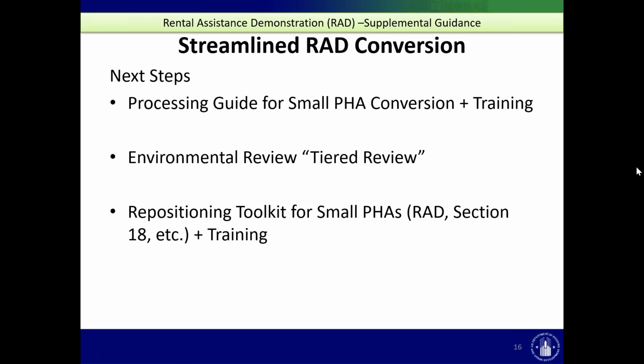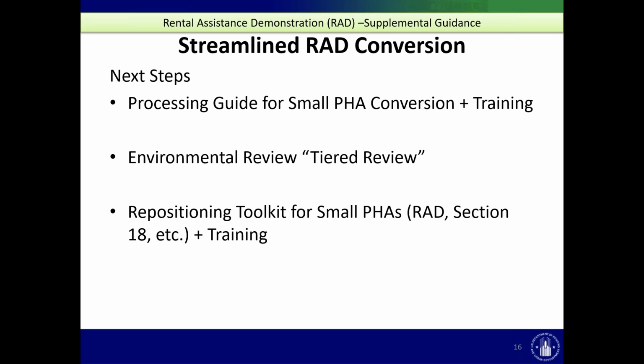What we still need to do, so now that the notice is out, there's 3 areas we know we need to work on. First, we're developing a processing guide for small PHAs so that they're not looking at a 140-page notice plus the RAD supplemental notice. They're looking at a smaller document that tells them only what they need to know, developing those training materials for that.